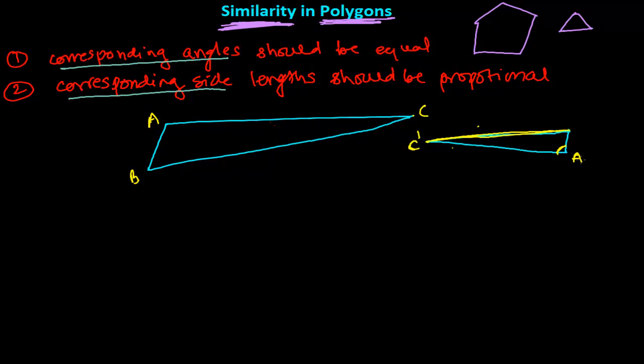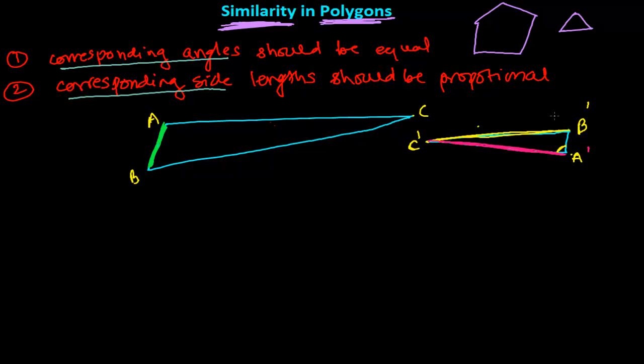Very close to A is B. The biggest side here is BC, so that is why I give this side B dash C dash, because this is the biggest side. After that, the second biggest one is AC, so that is why I'm giving this part A dash C dash. So this is my A dash C dash. And now if you see here, this is the smallest one. AB is the smallest one.